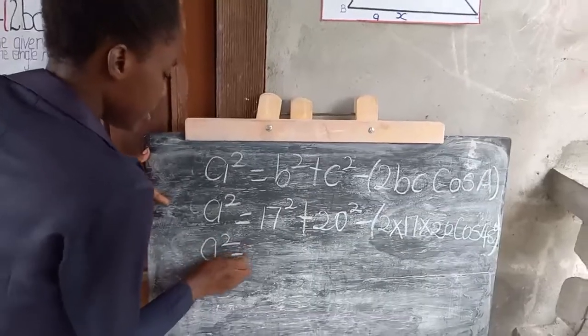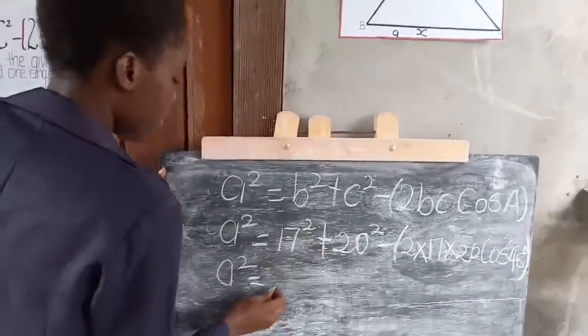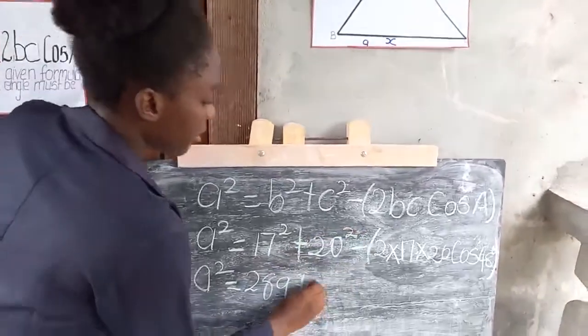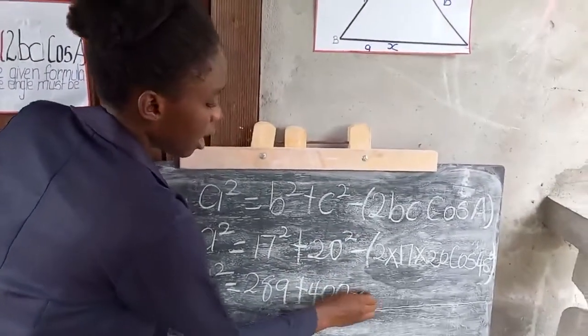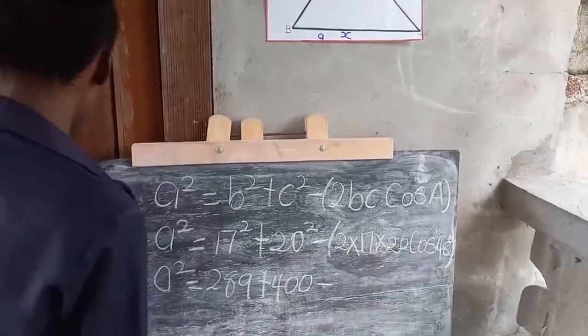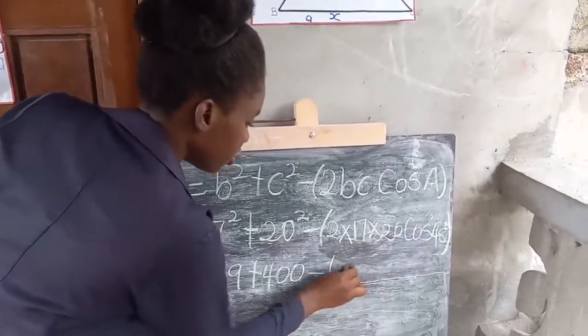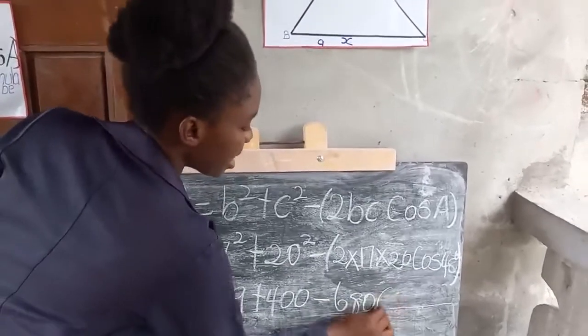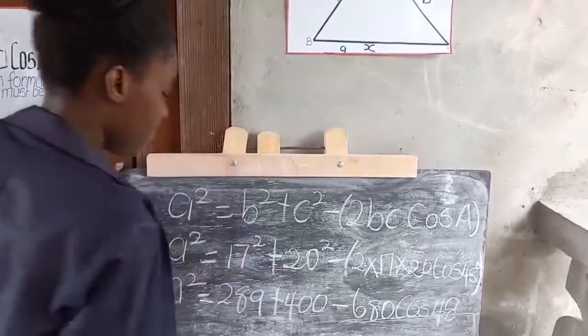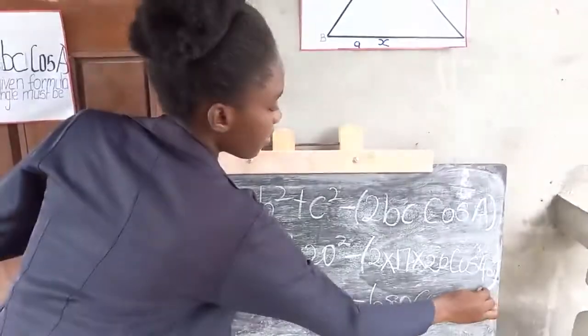A squared is going to equal 17 squared, which gives us 289, plus 20 squared, which is 400, minus 2 times 17 times 20, which gives us 680, and we still have to multiply it by cos 48 degrees.